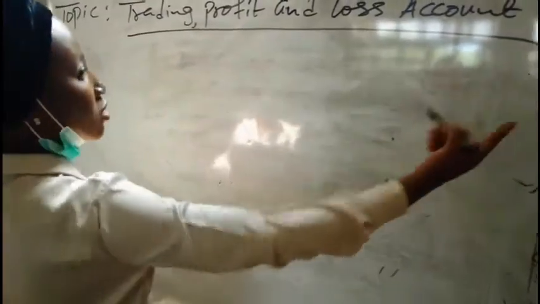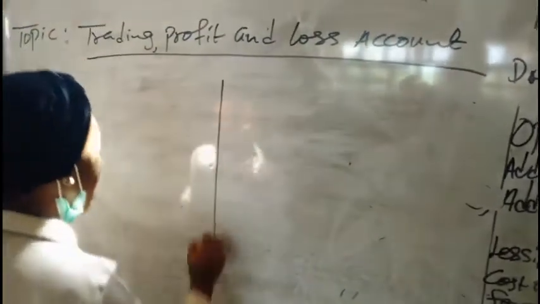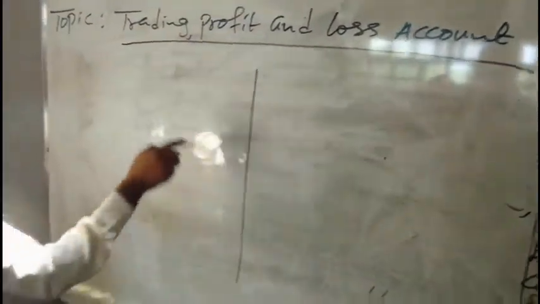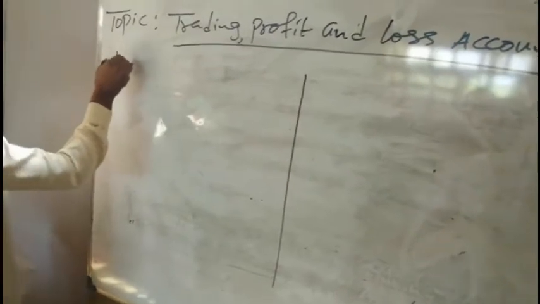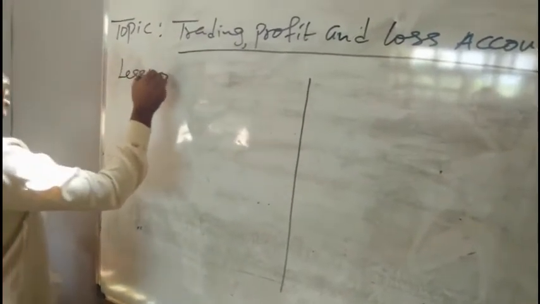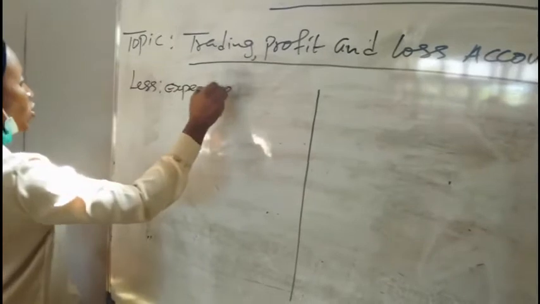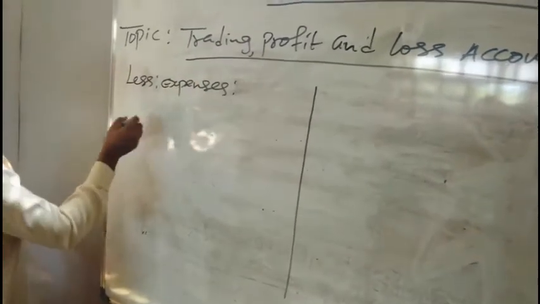From the format given, when the trading account stops there, the next is to less expenses. Since we are preparing trading profit and loss account, less expenses.